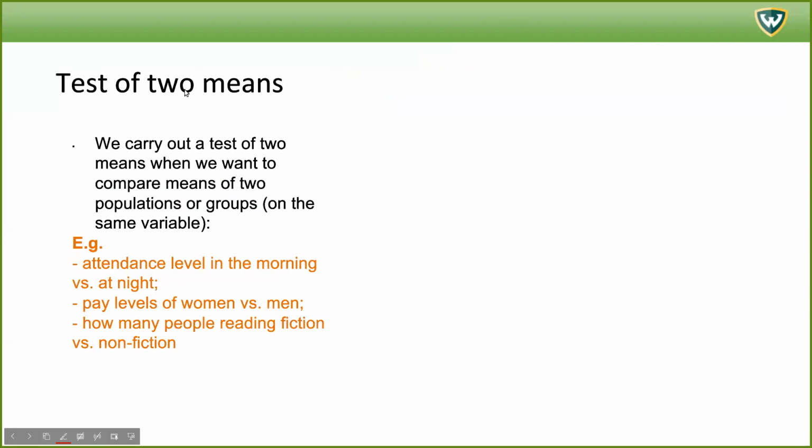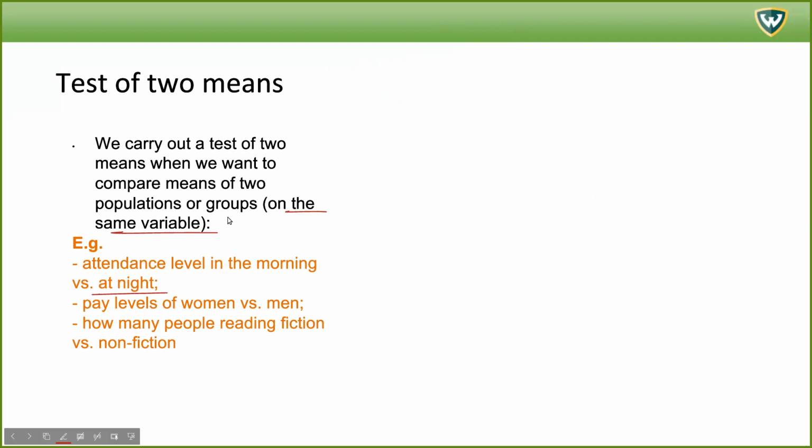In the test of two means, we carry out a test when we want to compare means of two populations or groups on the same variable, of course. For example, we may want to compare the attendance level in the store in the morning versus the attendance level in the store at night.